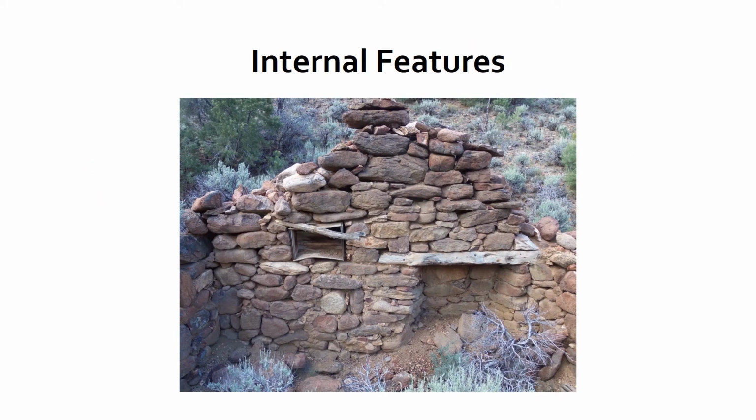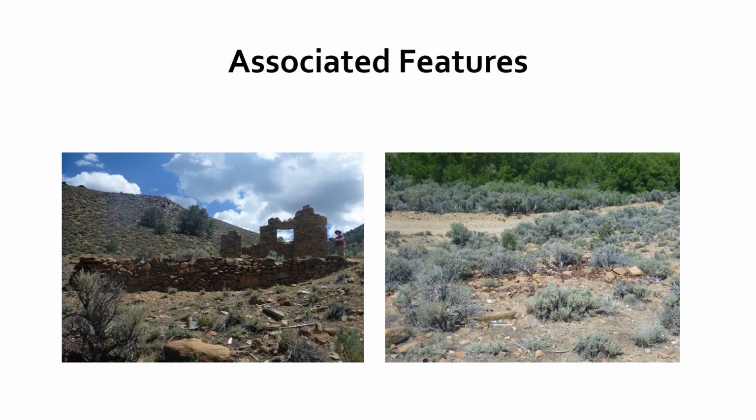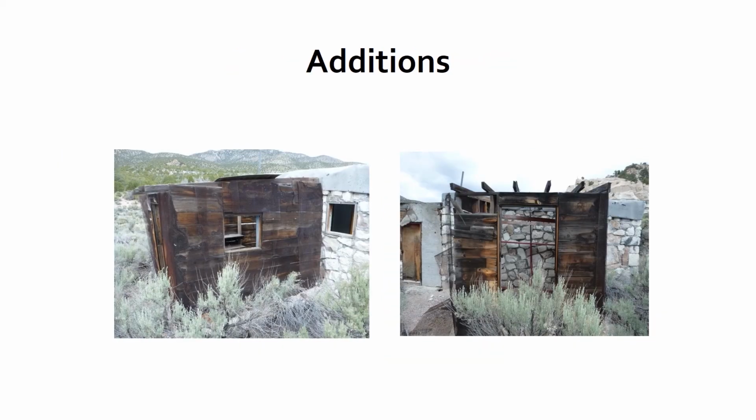And then take some pictures of any internal features you might find. Also, when you're taking pictures, get those associated features photographed and drawn on your map. And do write down anything you consider to be an addition.